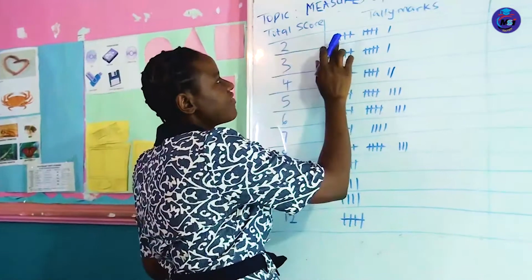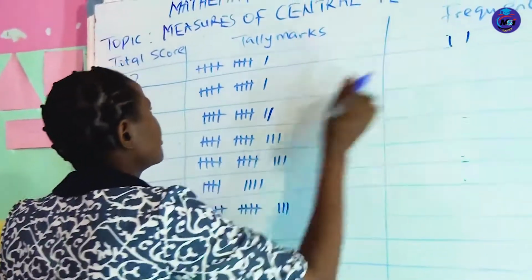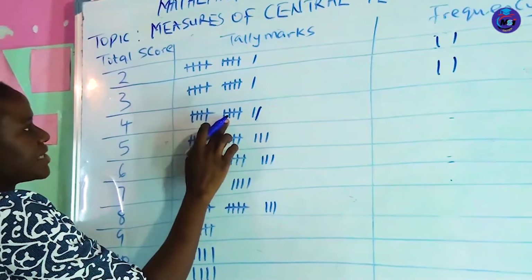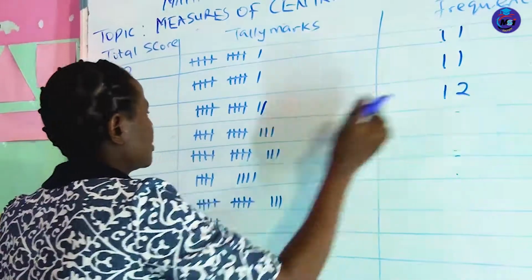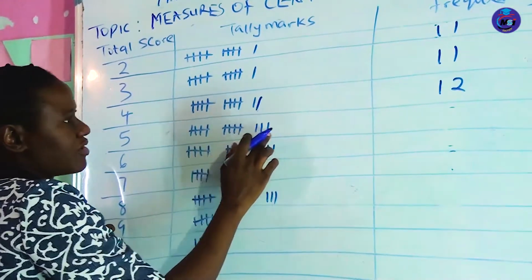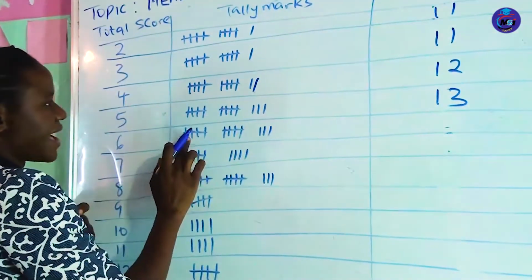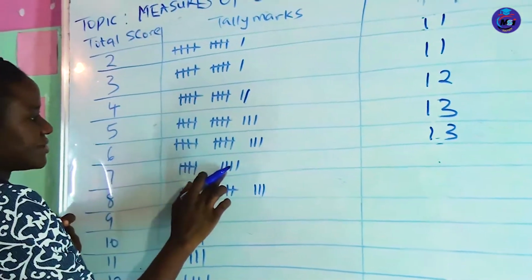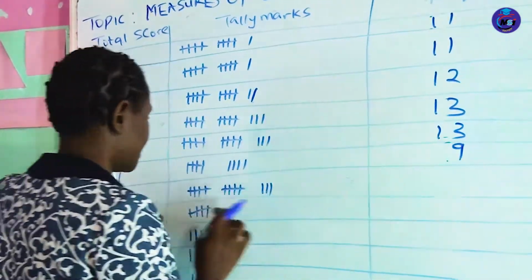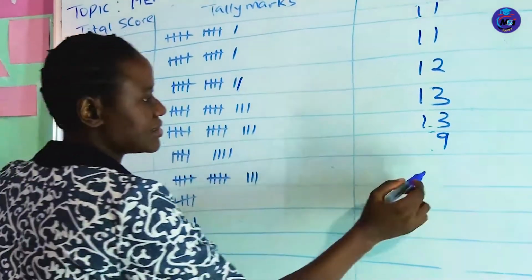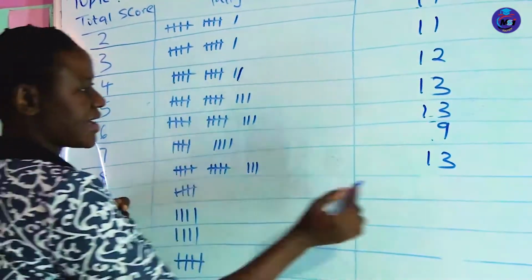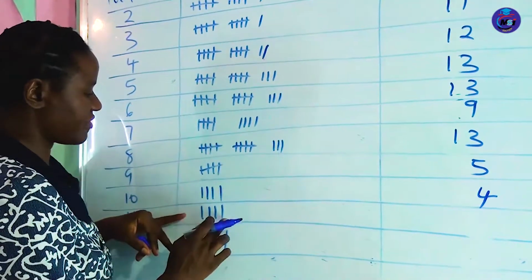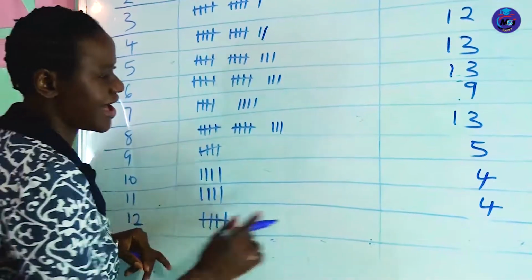So let's take the total. 5, 10, 11. 5, 10, 11, 12. 5, 10, 11, 12, 13. 5, 6, 7, 8, 9. 5, 10, 11, 12, 13. 5. 1, 2, 3, 4. 5.